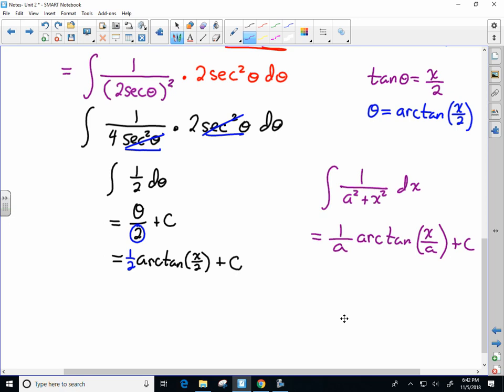So, if you think back to when we were finding derivatives involving arctangent, we very often end up with stuff that looks like this. But that would be a rule, but how many rules do you want to remember?